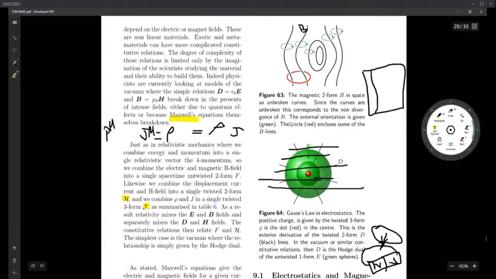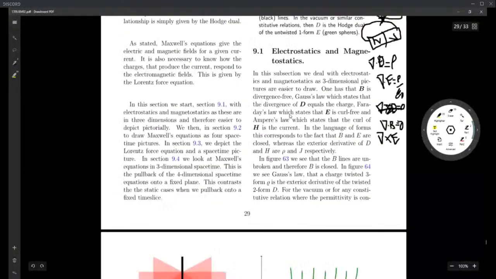And if this is unbroken, due to the non-divergence, it has orientation, and yet again it has external orientation, which is given by green, which is lines that you'll always see associated with your magnetic field B, and your red. Okay, we'll dive into this.